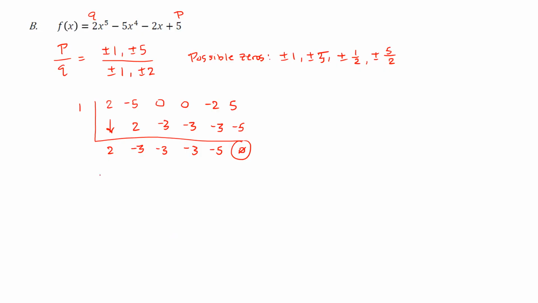Excellent. Okay. In my calculator, I would have also noticed that -1 is also a 0, so I can continue the process. So 2, bringing it down, and then multiplying, add, multiply, add, multiply, add, multiply, and then add.